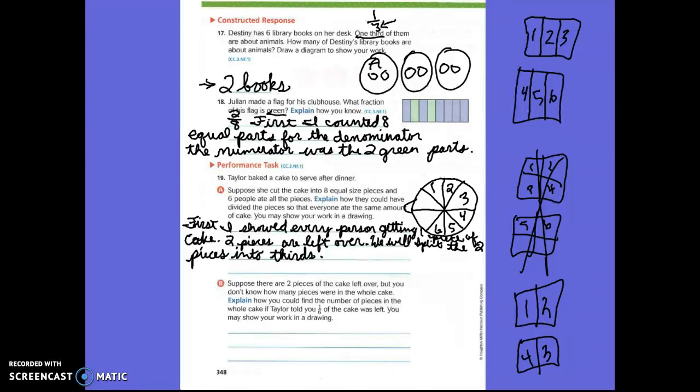So how many whole pieces will each person get? 1. Okay, so each person will get 1 whole piece.